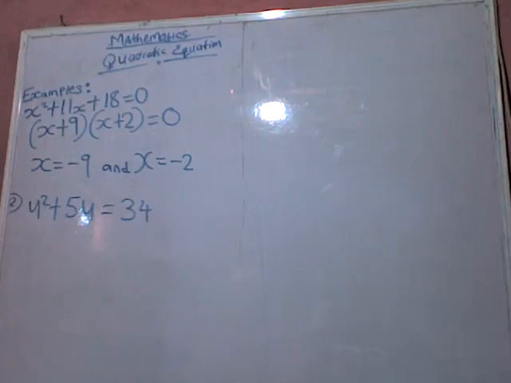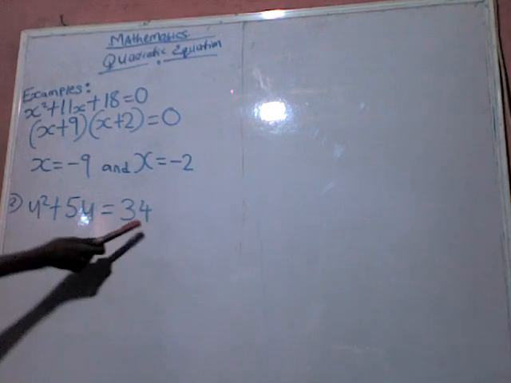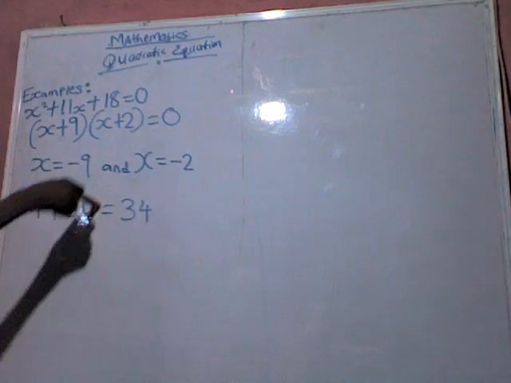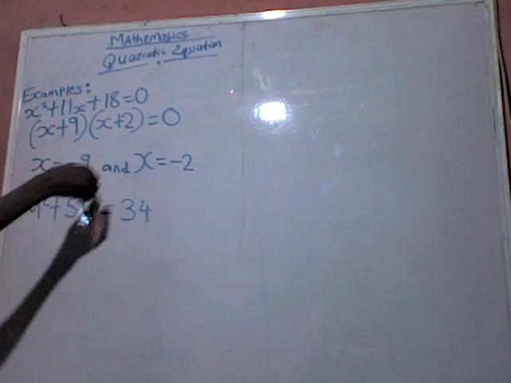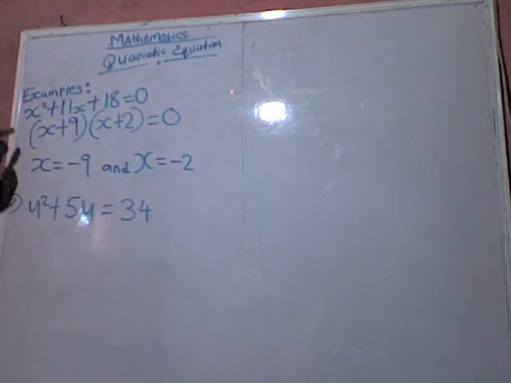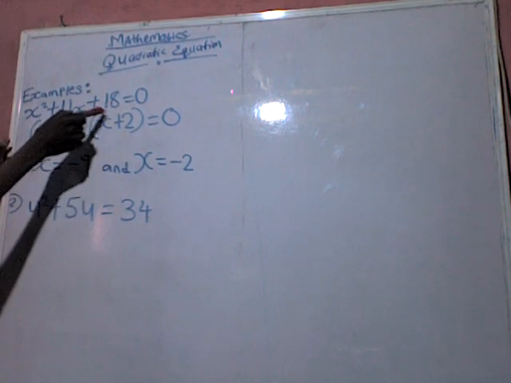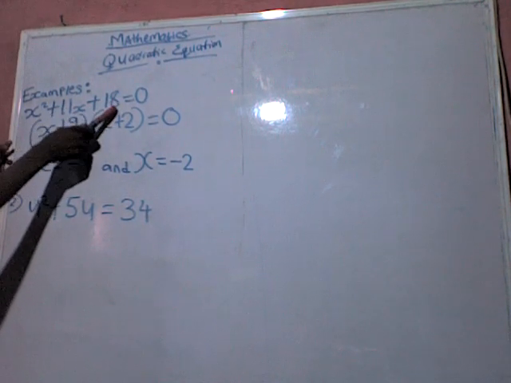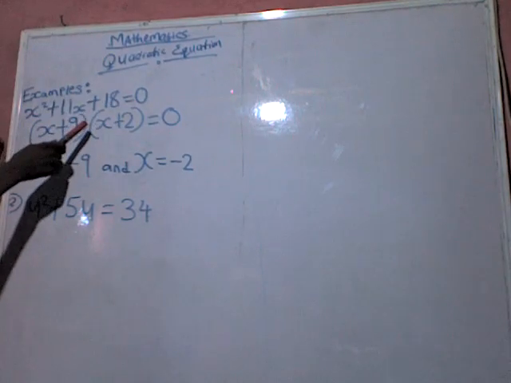But if you take a good look at this problem, you see that this 34 is on the right side of the equality sign, and all our quadratic equations always have the number at the left side of the equality sign.